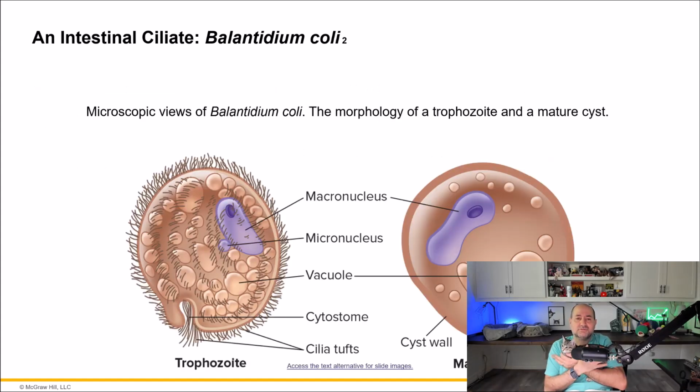Here you can see a couple drawings depicting its trophozoite stage on the left and its dormant mature cyst stage on the right. Notice the tufts of cilia on the trophozoite stage. Again, this is a ciliated organism.